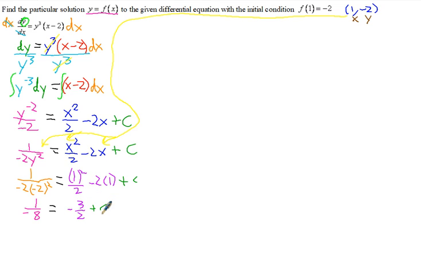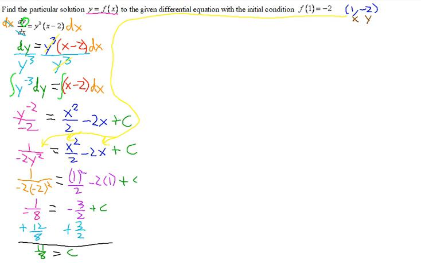To solve for c, you would just add the 3/2, which with a common denominator, multiplying 2 times 4 is 8 and 3 times 4 is 12, is adding 12/8. So that constant that was previously unknown is negative 1/8 plus 12/8, which is 11/8.